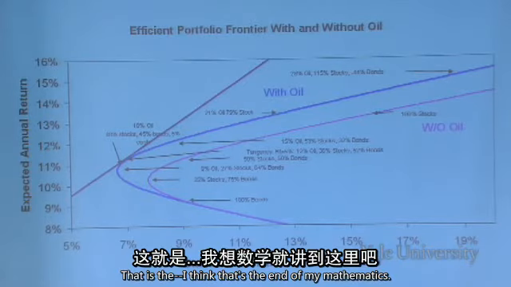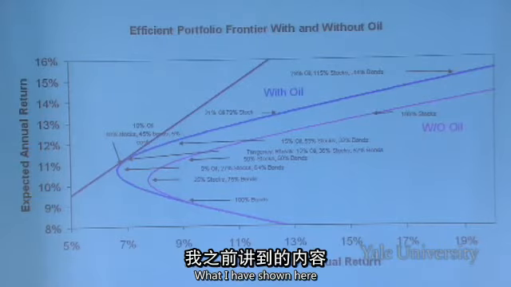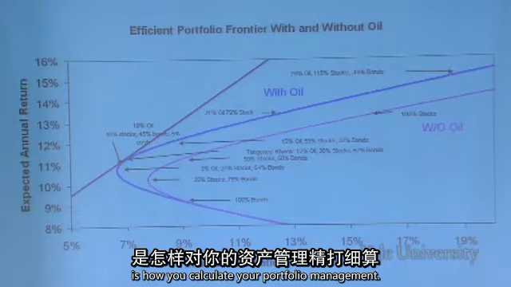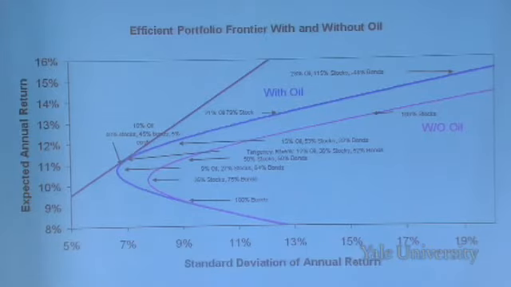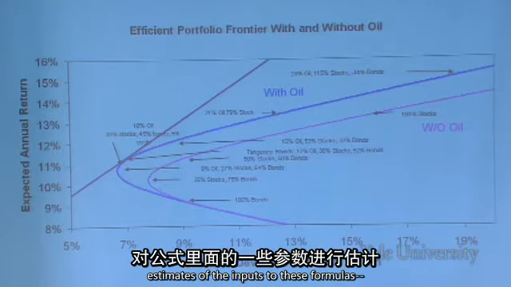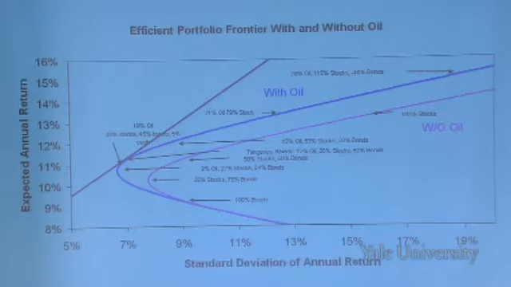And that is the end of, I think that's the end of my mathematics. Sorry. But what I have shown here is how you calculate your portfolio management. The way you go about it, if you're a portfolio manager, is you have to come up with estimates of the inputs to these formulas. That means the expected returns, the standard deviations, and the covariances.